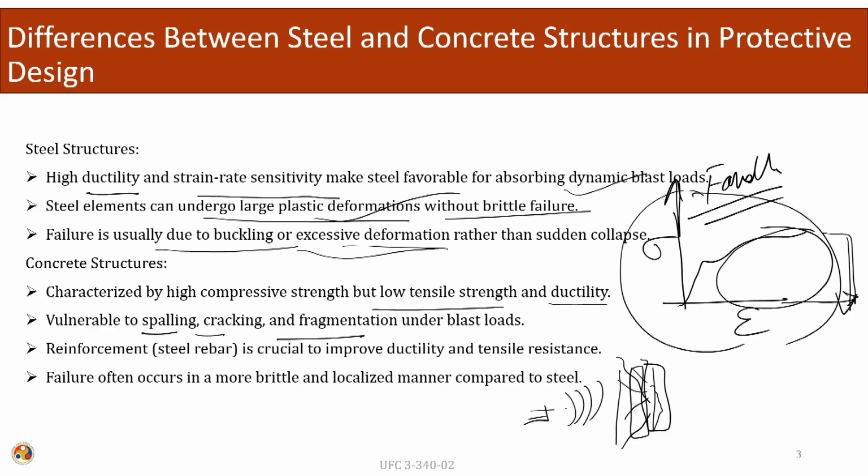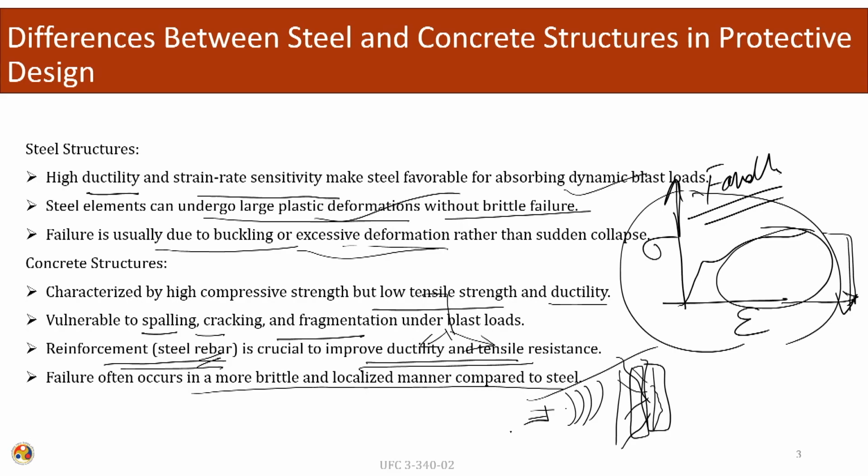Reinforcement, that is nothing but steel rebar, is crucial to improve ductility and tensile resistance. As we have said earlier, concrete is bad in resisting tensile loads, so we normally supplement or reinforce it using steel rebars to improve its ductility and tensile resistance. Normally, the failure in concrete structures is often in a brittle and localized manner as compared to steel structures.